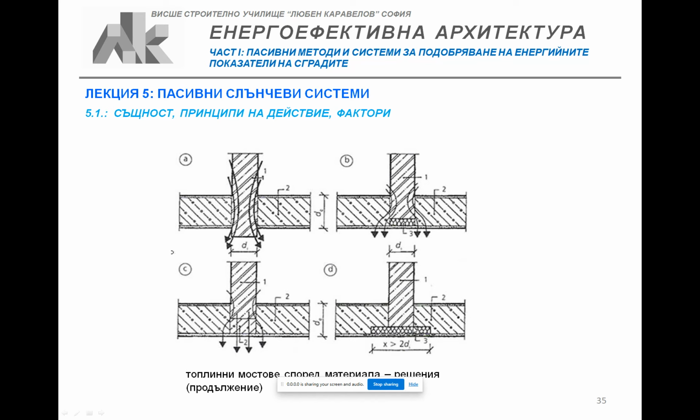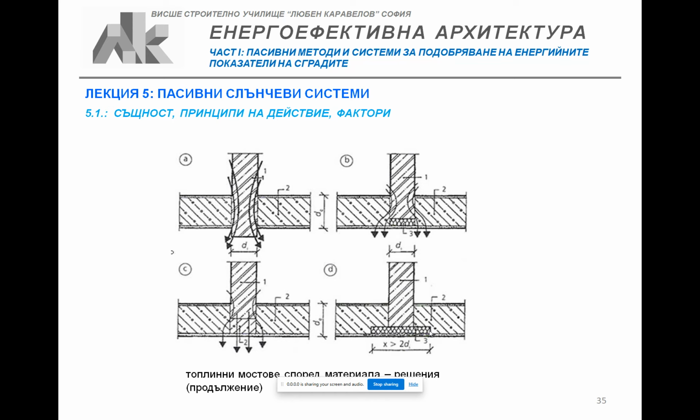It stops about 5 to 10 centimeters before the outer surface, and there is a space where additional insulation is put, and after that the next layer going in front of all the element is put.